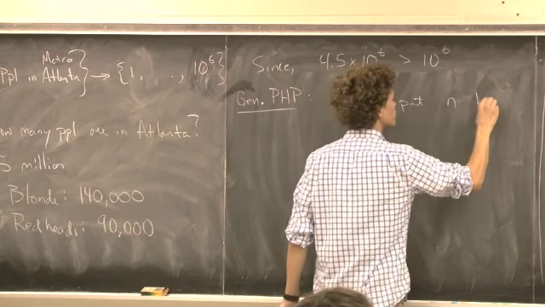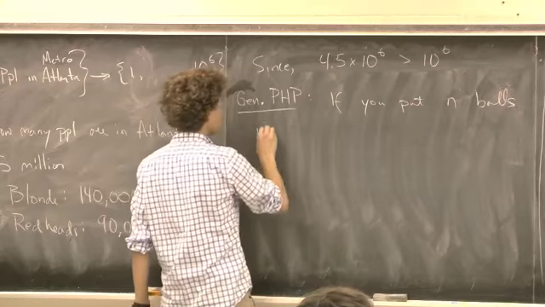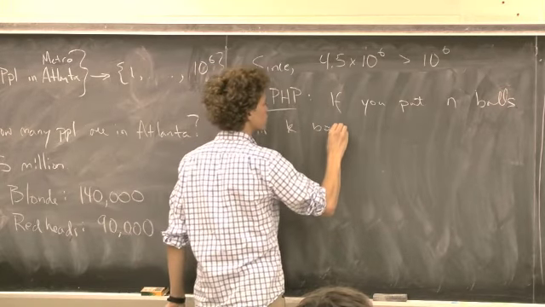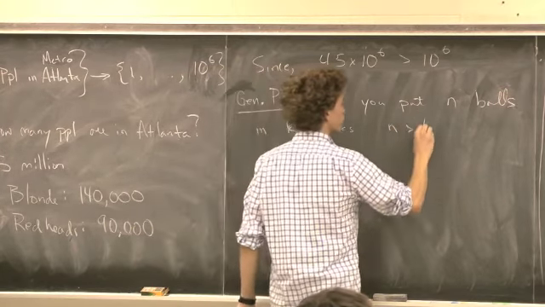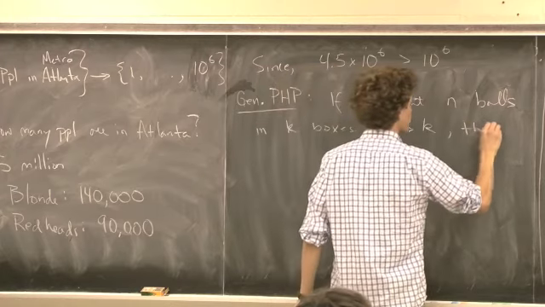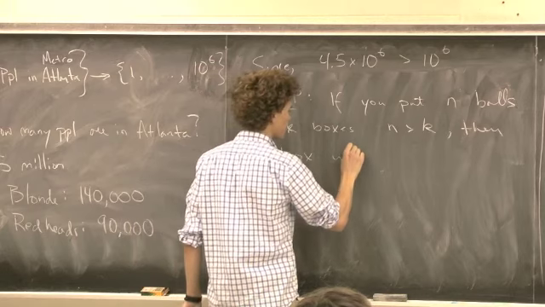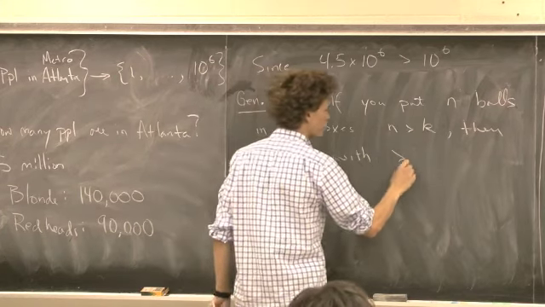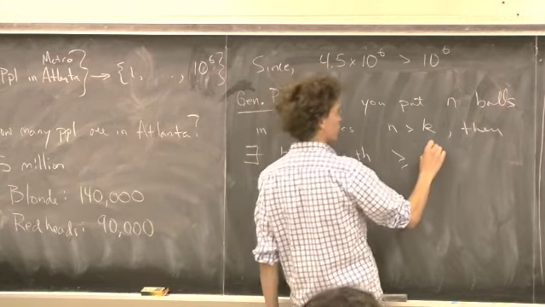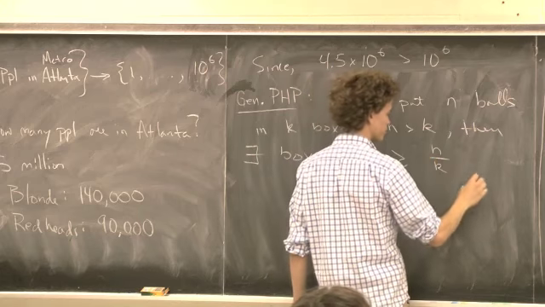If you put n balls in K boxes, n greater than K, then there's a box with greater than or equal to n divided by K balls.